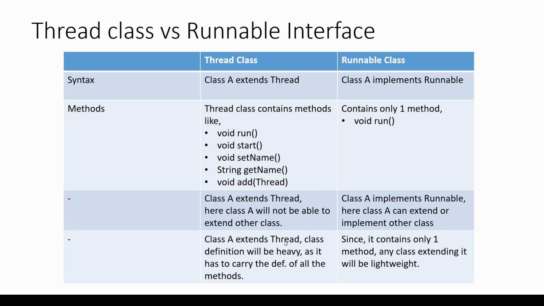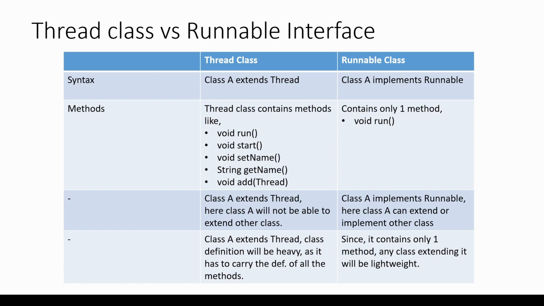The fourth and final difference is that the Thread class contains a lot of methods, and it is not necessary that while creating a thread, or while giving the definition of the thread, we need to use all those methods. If we extend the Thread class, it will get all those methods by inheritance, which will create a heavy signature for that class.